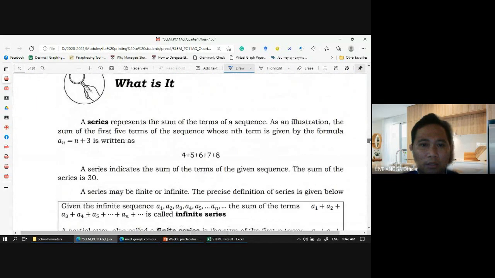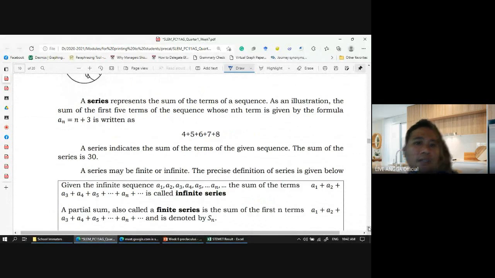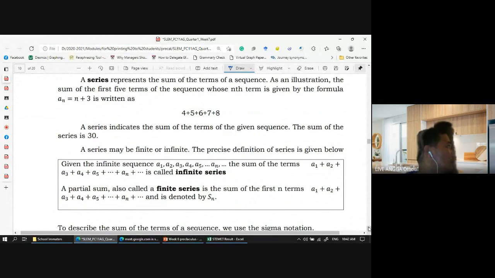Okay. So we have here a series. A series represents the sum of the terms of a sequence. What is that? Ano saan? Microphone. Oh, wait lang guys. Sandali lang. Nasa ma'am.